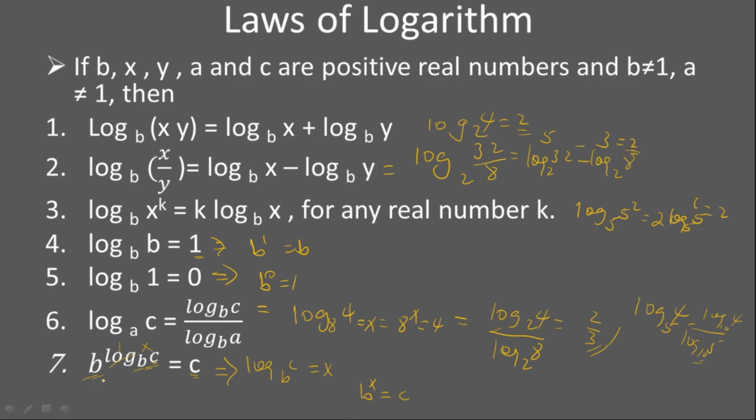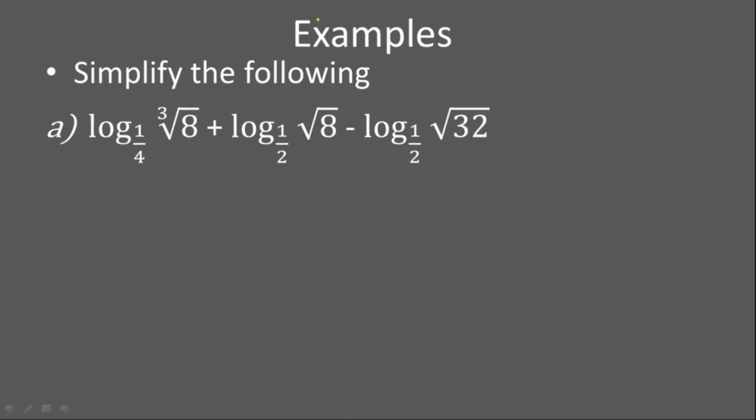The b should be the same as the base. Let me see some examples regarding logarithmic simplifications. The logarithm of the third root of a to the base 1 over 4, plus the logarithm of radical a to the base 1 over 2, minus the logarithm of radical 32 to the base 1 over 2.